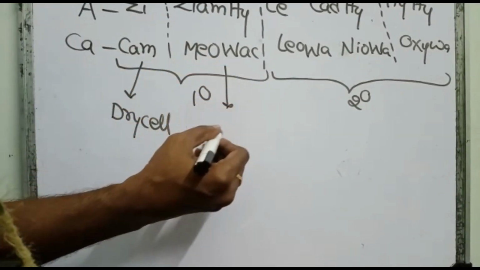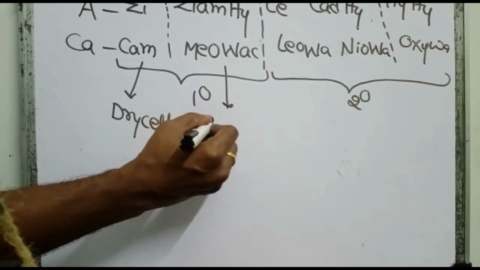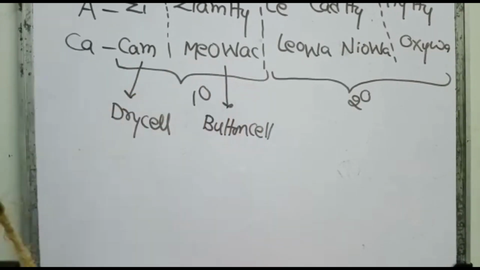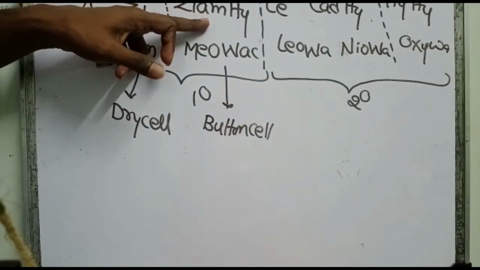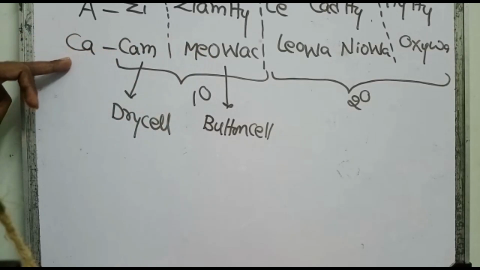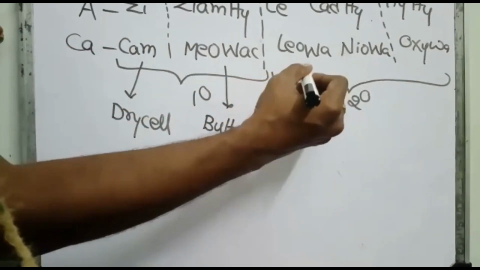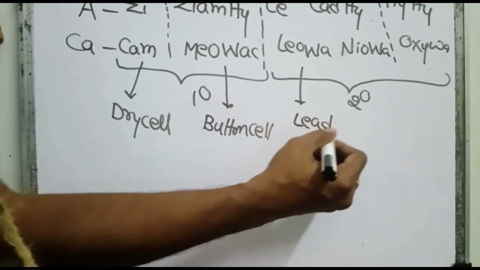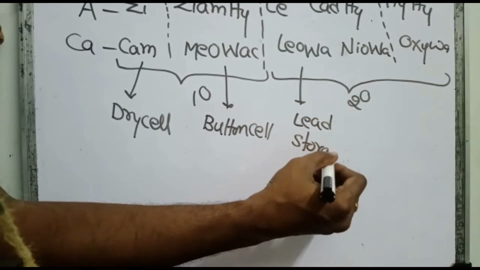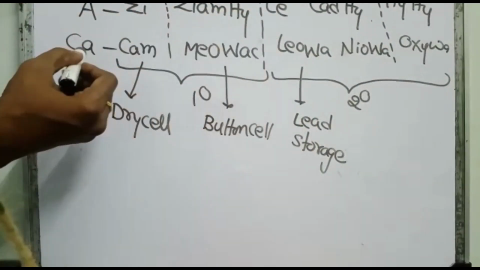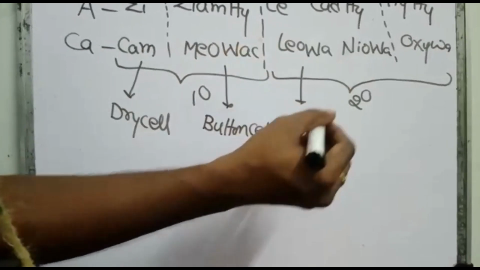Next, here, the button cell. In the button cell, zinc amalgam acts as the anode and mercury oxide acts as the cathode. Next, the lead storage battery: the anode is lead and the cathode is lead oxide.